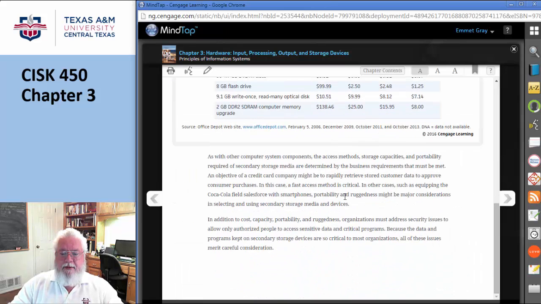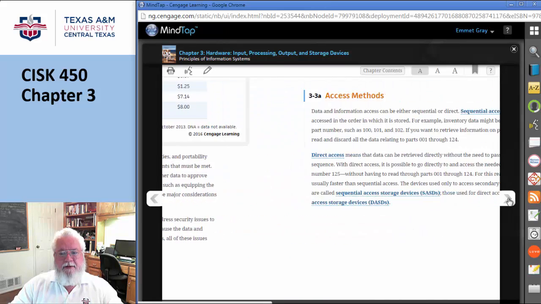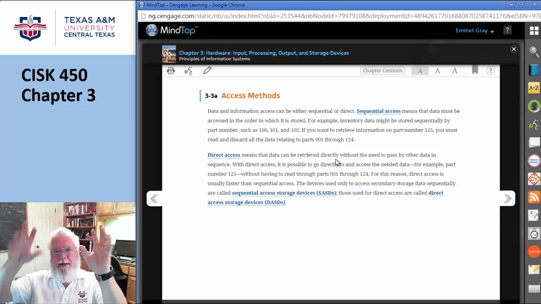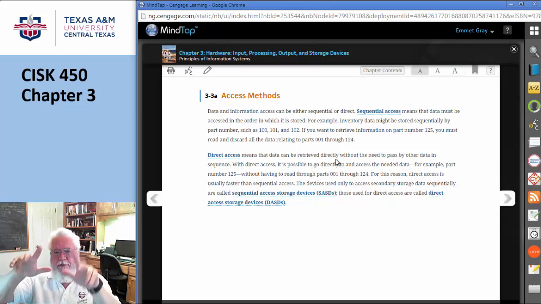They go into an awful lot of detail here, which I think is kind of weird. One of the things they talk about is access methods. In the old days, I always loved the science fiction shows that show the tape drives, the old bank of computers with big reels of tape turning.